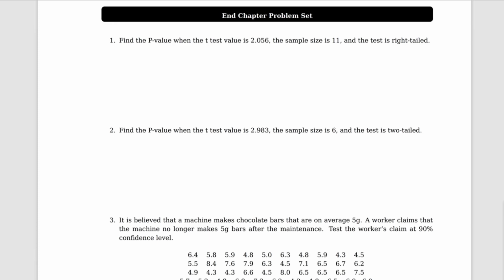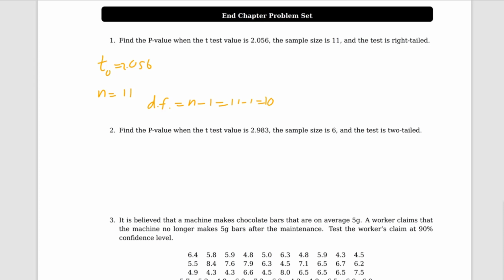Find the p-value when the t-test value is 2.056. Okay, T naught equal 2.056. The sample size is 11, N equal 11. Before we go to the table, we should know degrees of freedom. It is n minus 1, which is 11 minus 1 is 10, right?